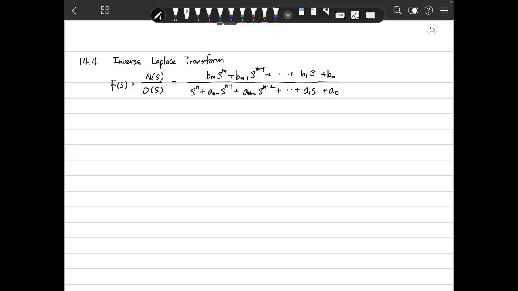So D is the denominator, in Korean bunmo, and N is the numerator, in Korean bunja. So we define that all a and all b are real numbers.